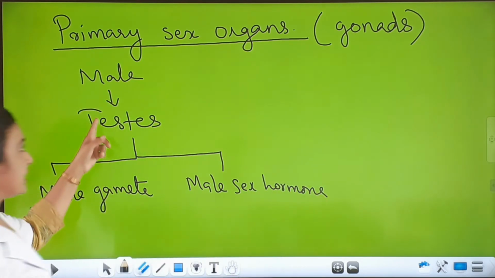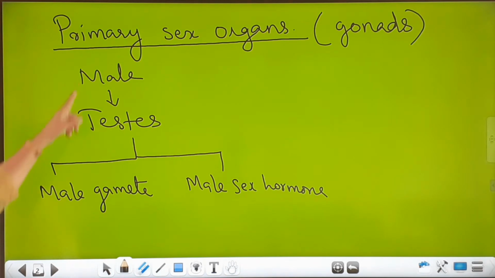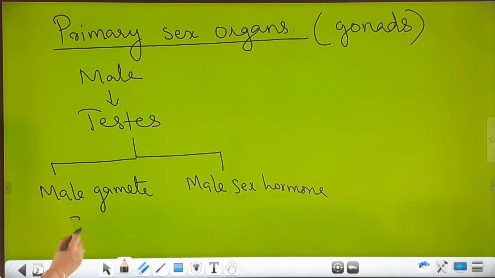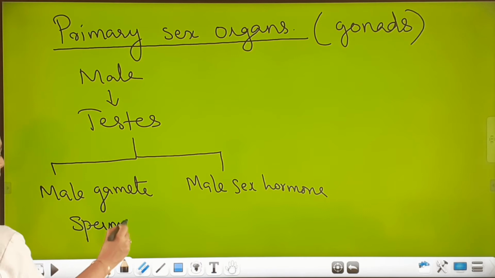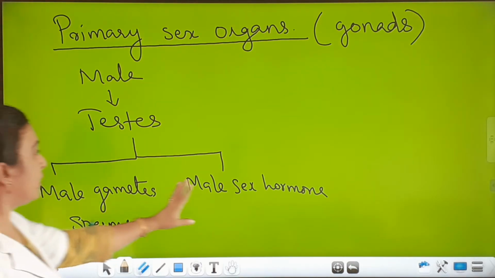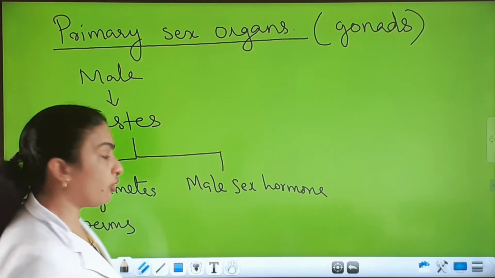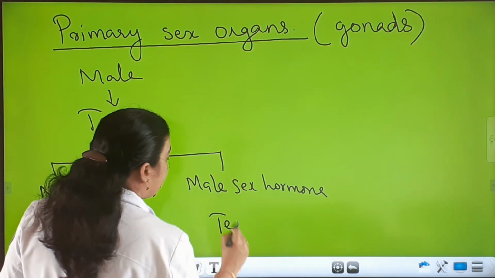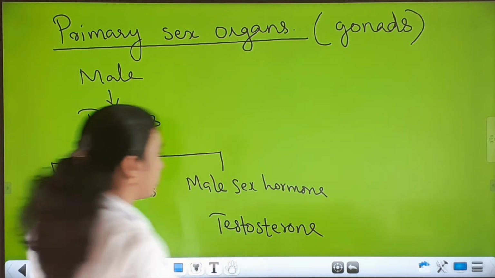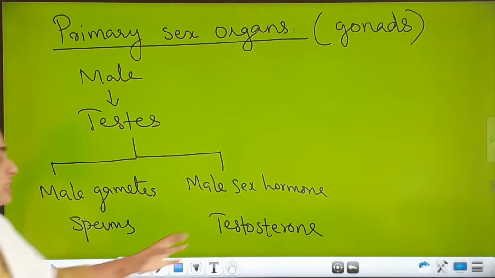So the primary sex organ or gonads of male, such as testes, are responsible to produce male gamete and male sex hormone. Which is the male gamete? Sperms. Sperms are the male gametes. Okay. And which is the male sex hormone? You learned in 8th standard. Testosterone. Why are these male sex hormones produced?